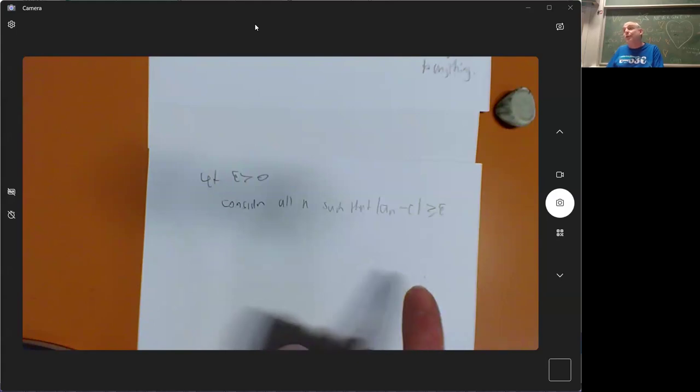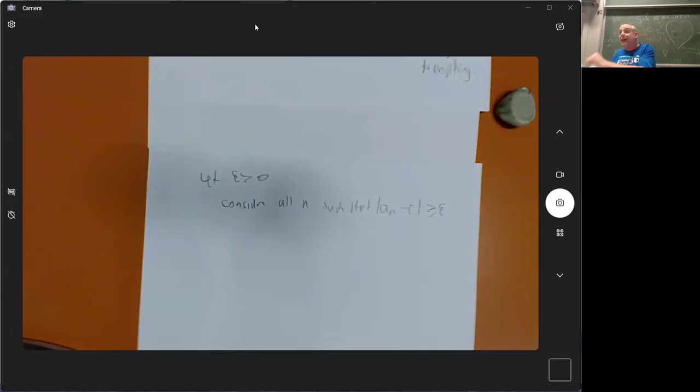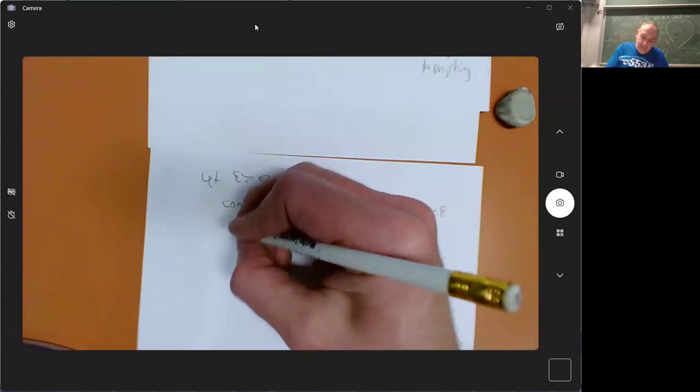But that subsequence should have a subsequence of its own that converges to C, which means that it must have some that are less than epsilon away. And that's a contradiction.